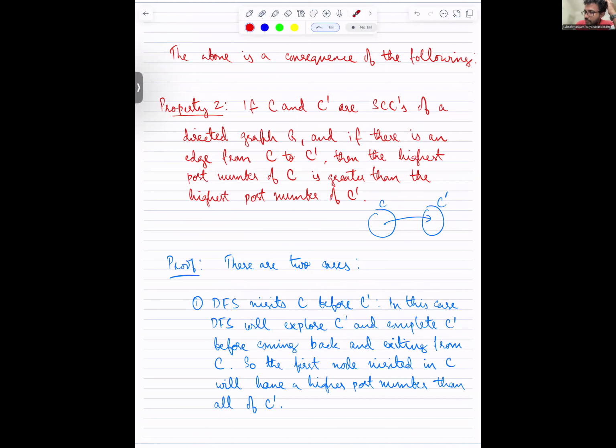So you can order the DAG in some way, and there will be at least one source. A DAG can have multiple sources, but there will be at least one source, and that source will have higher post numbers than any other vertex, any other strongly connected component.